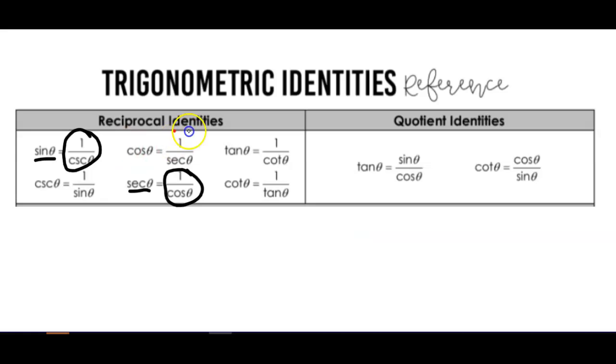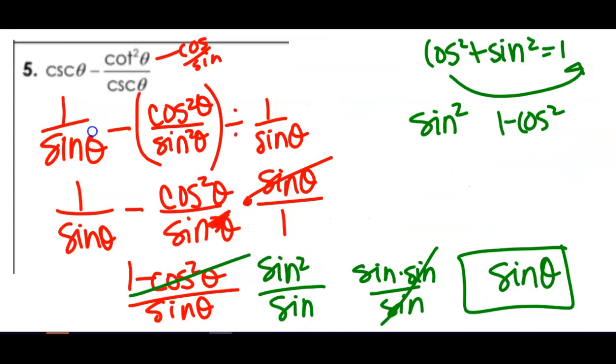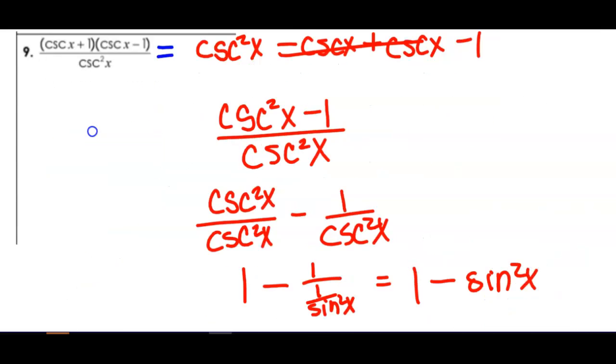Here, a 1 over cosecant is a sine right there. All right. Where was I? And at the end here, a 1 minus sine squared is a cosine squared.